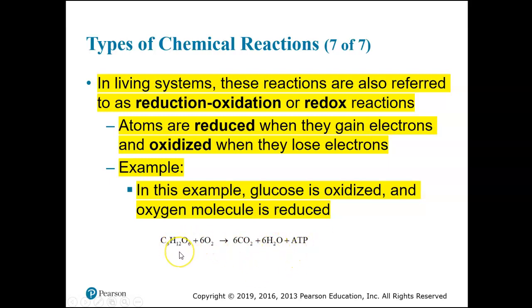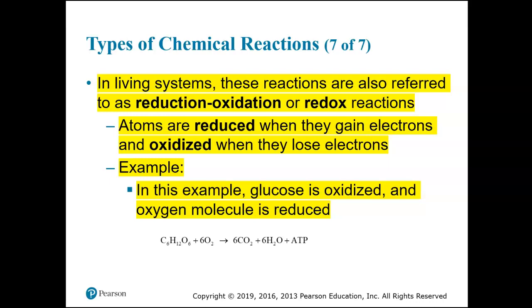It is called cellular respiration. So our cells take glucose, which comes from any carbohydrate that we eat and is converted to glucose. Glucose and oxygen together are the reactants for cellular respiration, and the products are carbon dioxide and water, and ATP, which is the molecule that we use for energy.